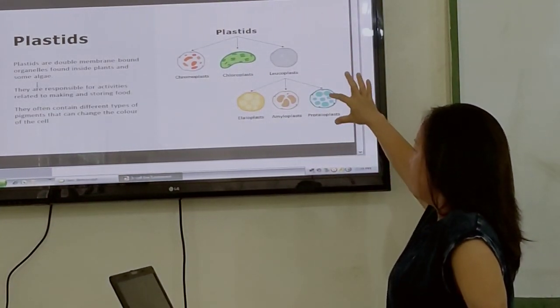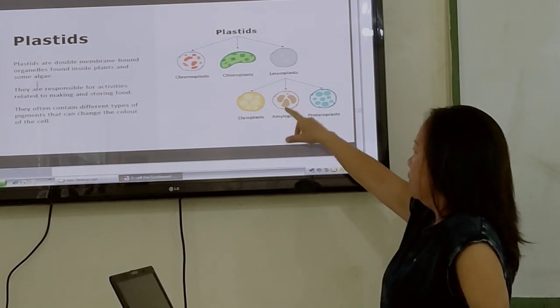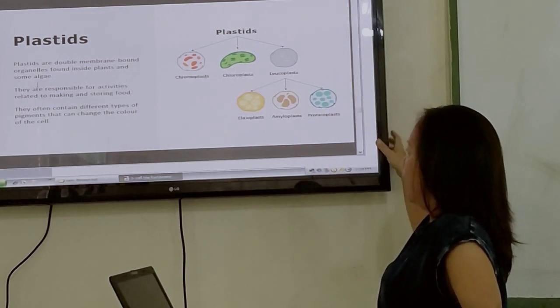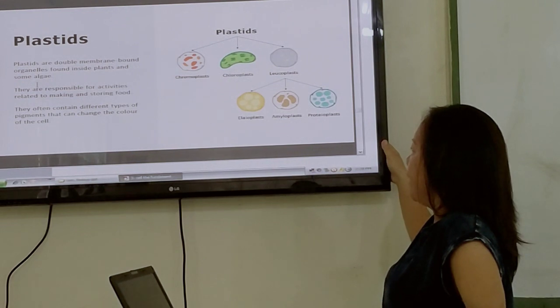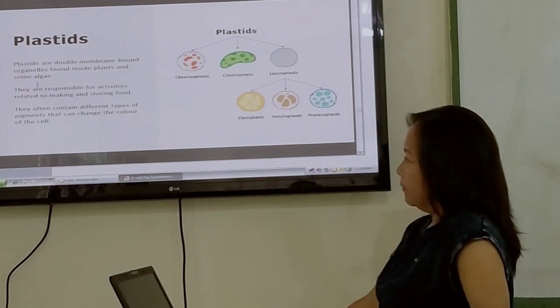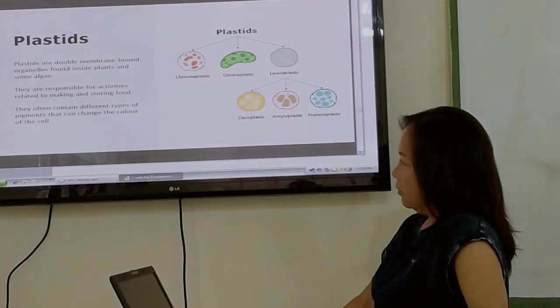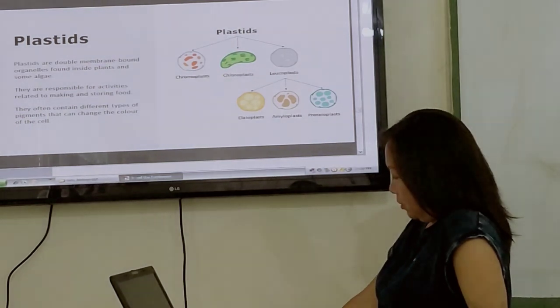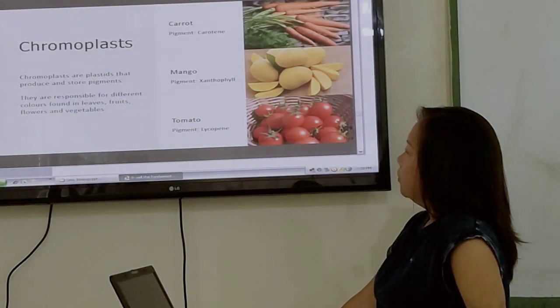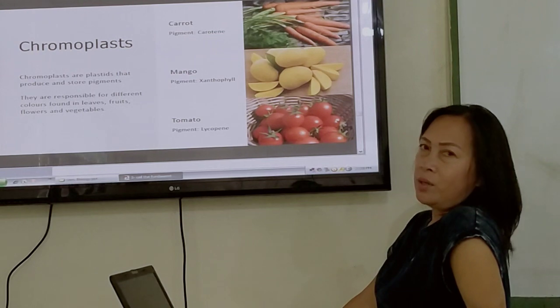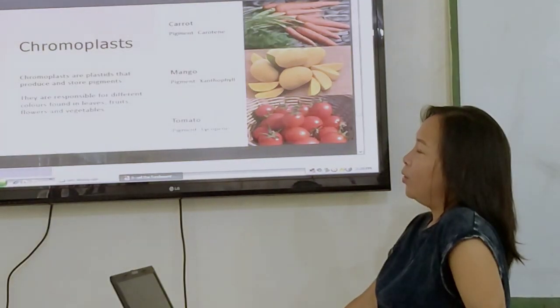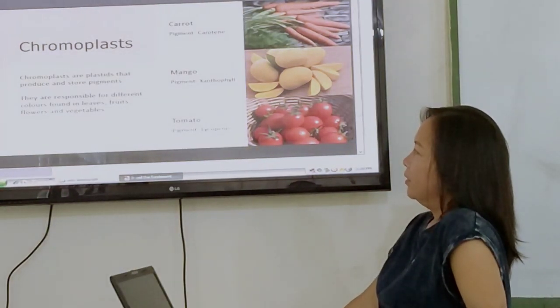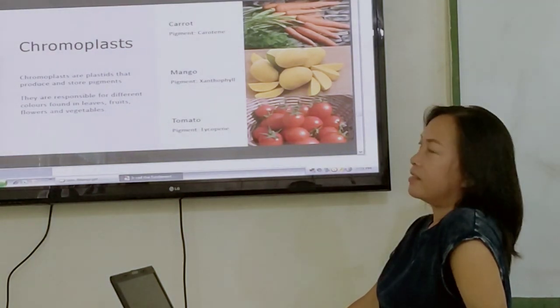Leucoplast contains amyloplast, proteinoplast, elaioplasts. What makes these lovely colors is the chromoplasts. The carotene, the lycopene, the xanthophyll, they are found in the chromoplasts.